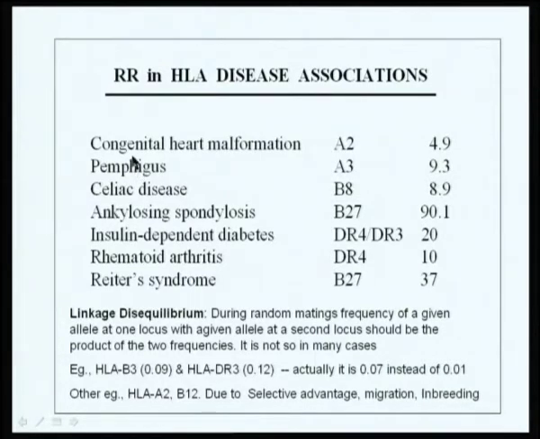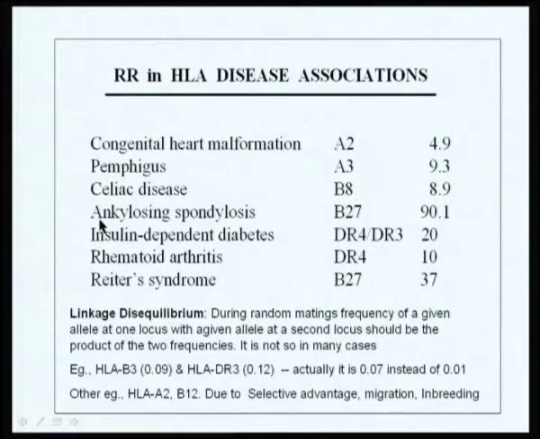For example, congenital heart malformation is consistently associated with a higher relative risk with HLA-A2, and coming down to ankylosing spondylitis, you see the relative risk being 90.1 for HLA-B27.